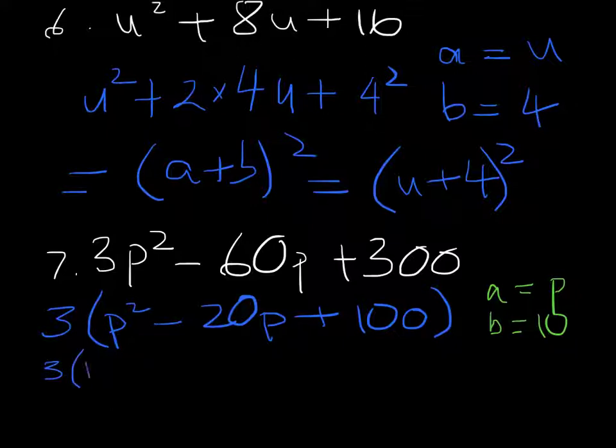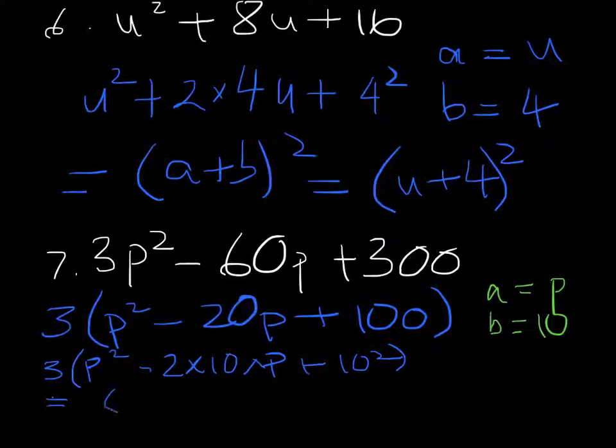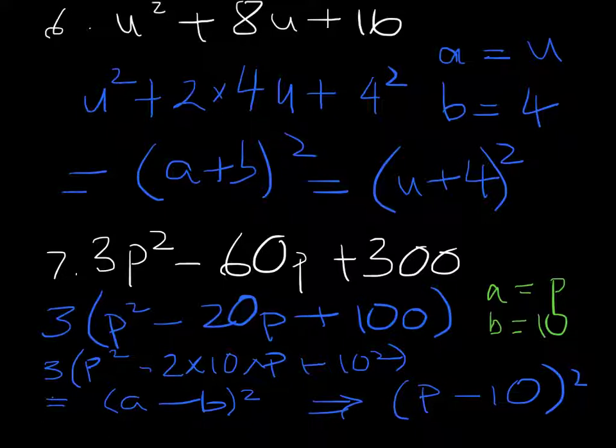So I've got 3 times p squared minus 2 times 10 times p plus 10 squared, which conforms to the a minus b squared. So that means I'm looking for a minus b all squared, which in this instance, well, a is p, so it's p minus 10 all squared.